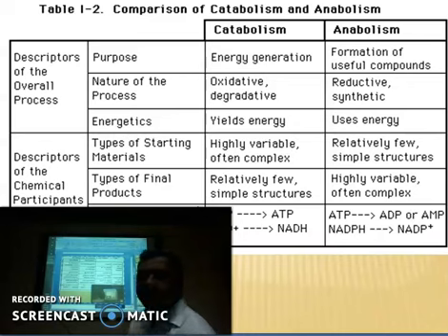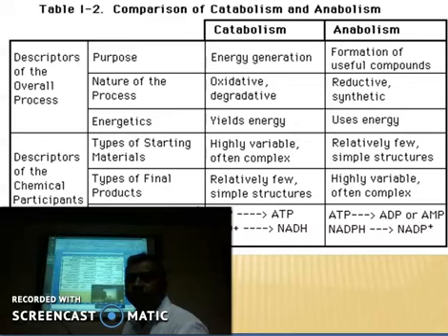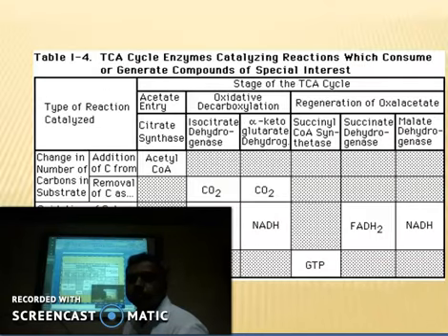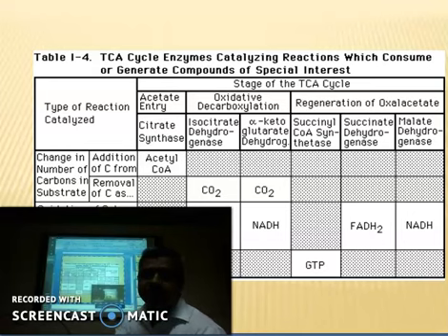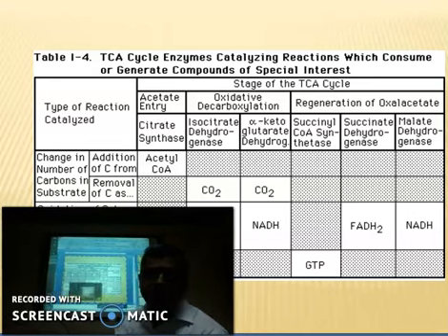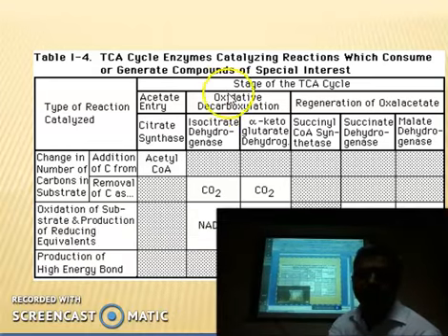And in the previous slide we understood endergonic and exergonic reactions. Now we will understand the TCA cycle. This is the intermediate pathway you will find.